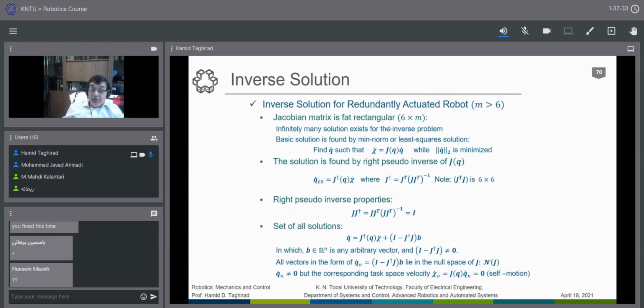But just to conclude, then we have infinitely many solutions for the inverse problem. If a bird would like to move the head from one point to the other one, it's not the only way to do that. It has infinitely many.